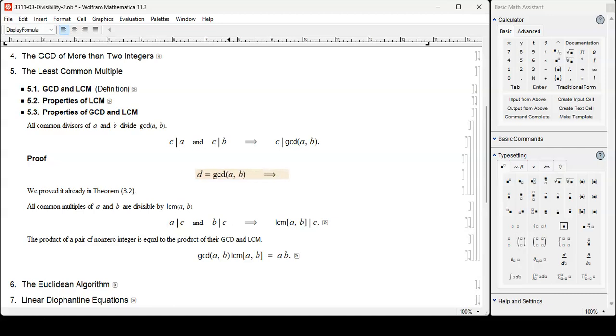Then D is some linear combination. Therefore, C divides A, so this A, which I'm highlighting in blue, is C times some integer.